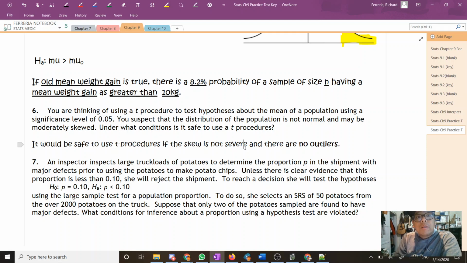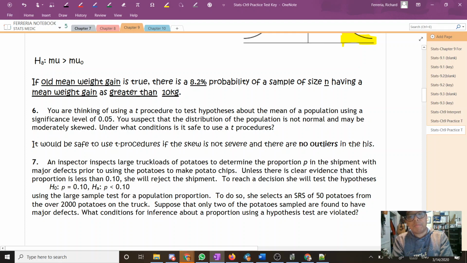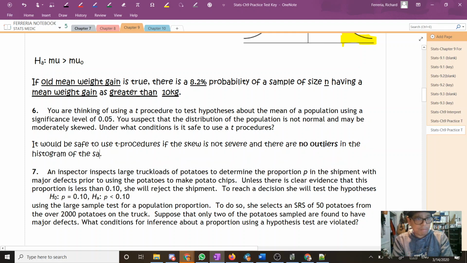So what condition? Well, this question is asking for make sure there's no outliers in the histogram of this sample. I should have put this in bold.